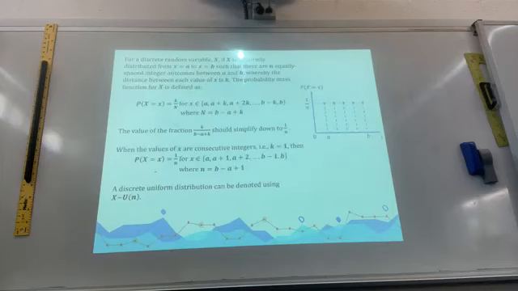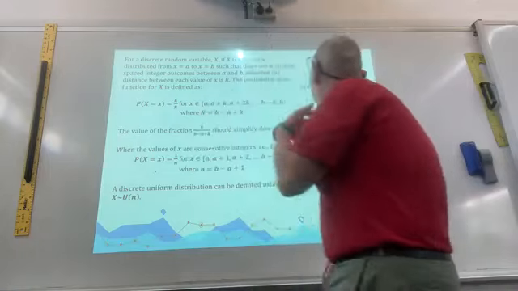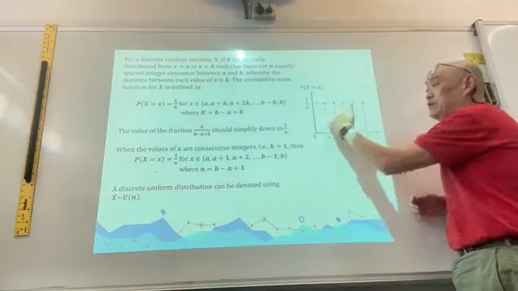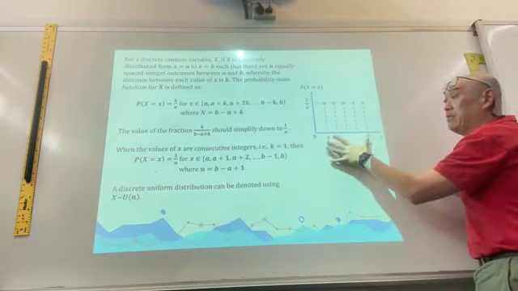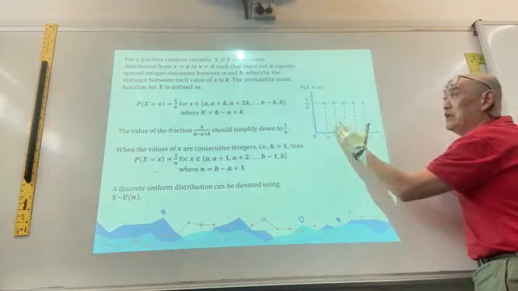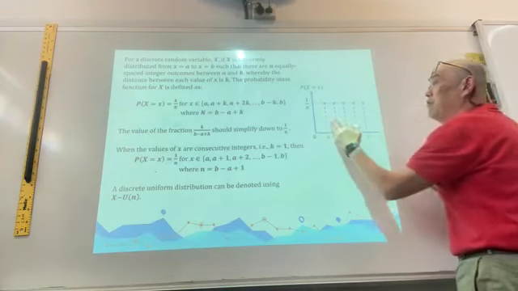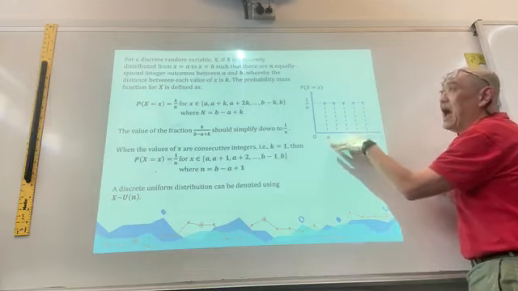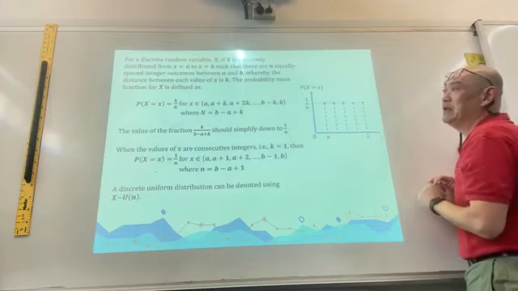Alright, now, let's have a look at a discrete random variable x. If x is uniformly distributed from x equals to a to x equals to b. So what I've plotted here, I've used a straight line to show you instead of the histogram. So I've got a here and b there. So it's uniformly distributed from x equals to a to x equals to b, such that there are n equally spaced integer outcomes.